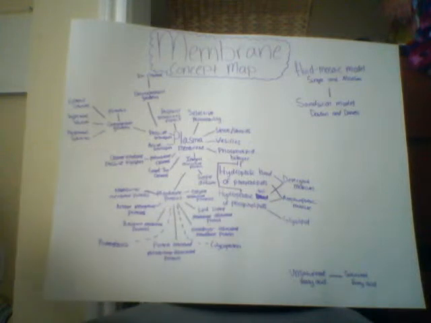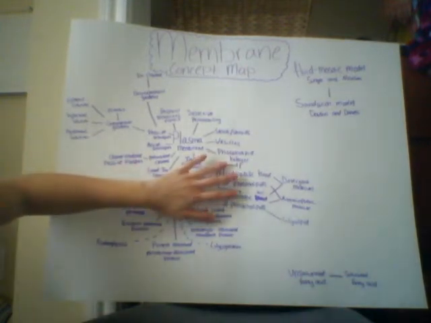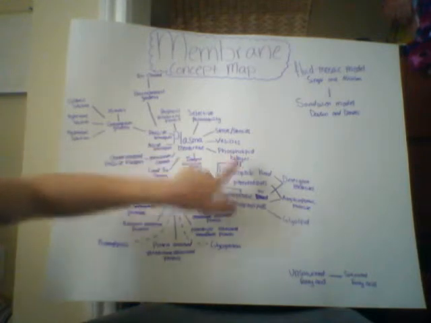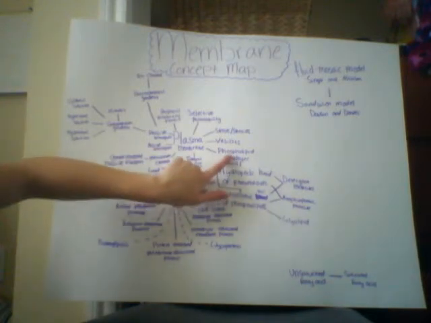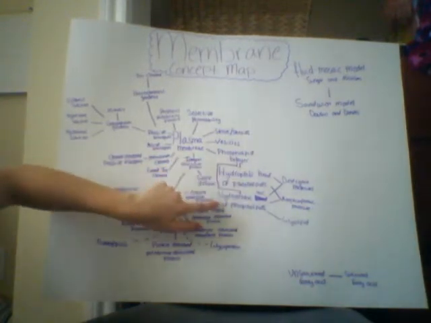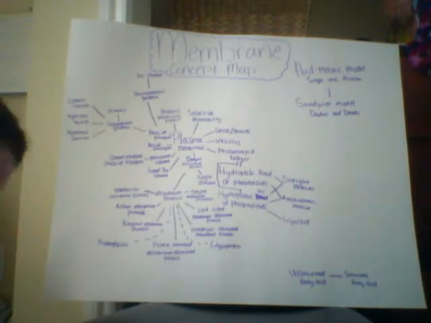Then we'll go down to phospholipid bilayer, which is the two-layered arrangement of phosphate and lipid molecules that form a cell membrane. And then we'll travel down from phospholipid bilayer to hydrophilic head and hydrophobic tail, and those make up the membrane lipid molecule.